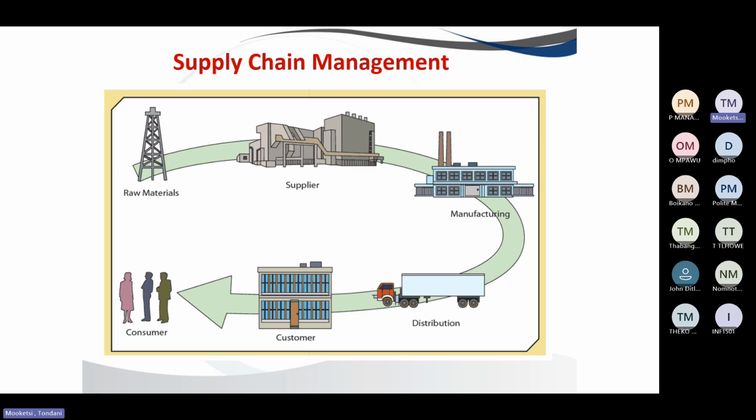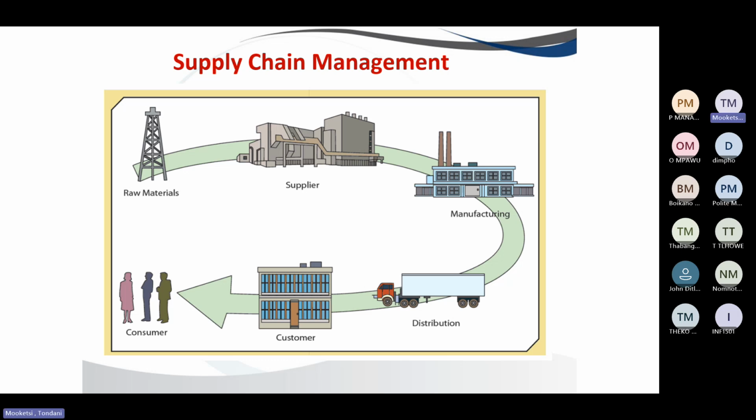So you have probably seen this picture in your book. So this is a typical supply chain management process. You have raw materials as the beginning, at the starting point. And then you have a supplier who supplies that raw material. Then that raw material must go through a manufacturing process.